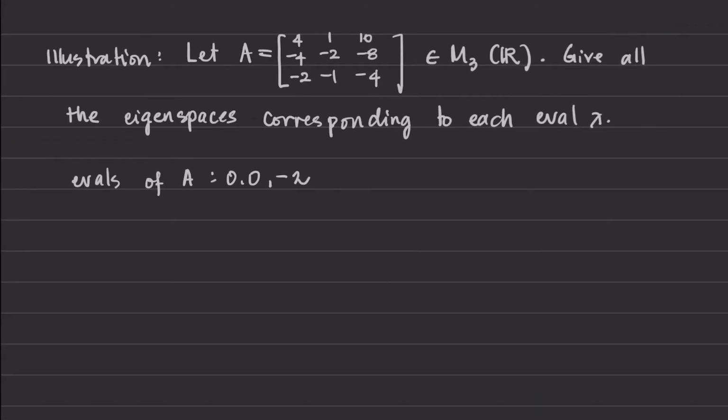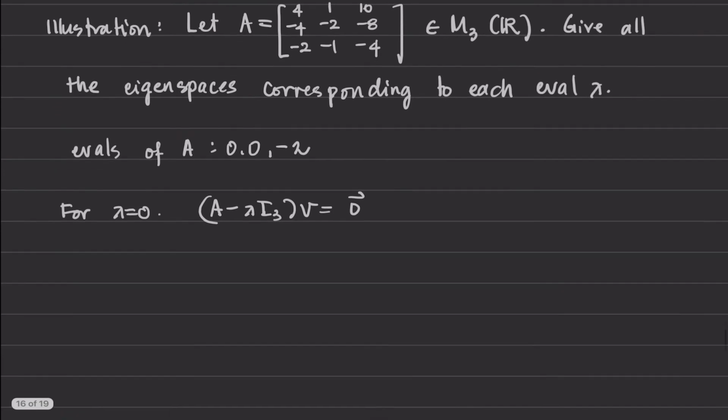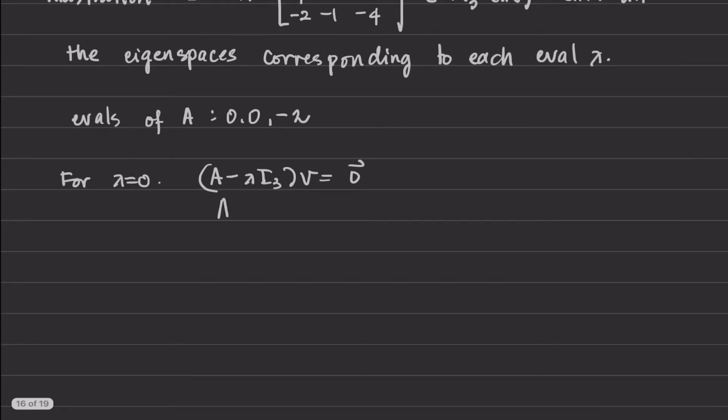So, anong kailangan natin gawin? For lambda equal to 0 muna. Ang gagawin natin, compute natin yung A minus lambda I3 times V, where V is your eigenvector. Okay? So, ilalet natin yung V natin as, anong gusto nyong letter?